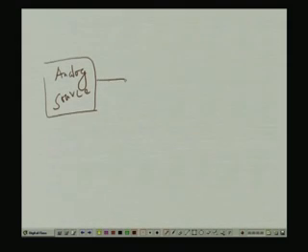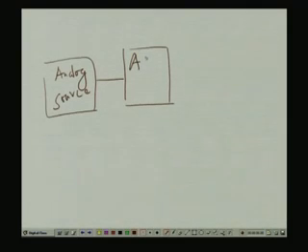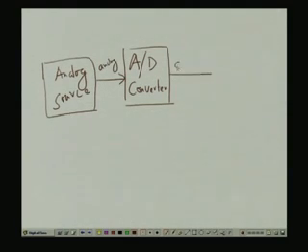This is my analog source. Okay. Now, I want one converter. This is called an analog to digital converter. We normally call it an A to D converter. And then here it is an analog signal, here the output is digital.